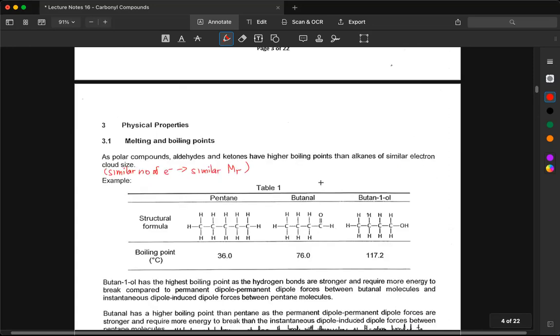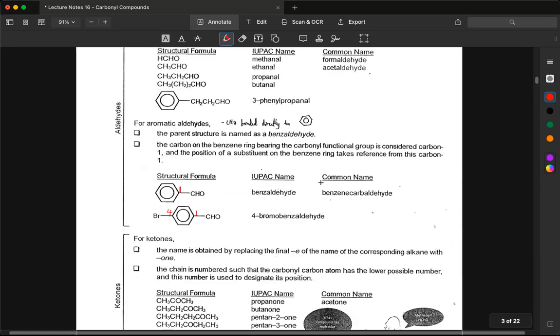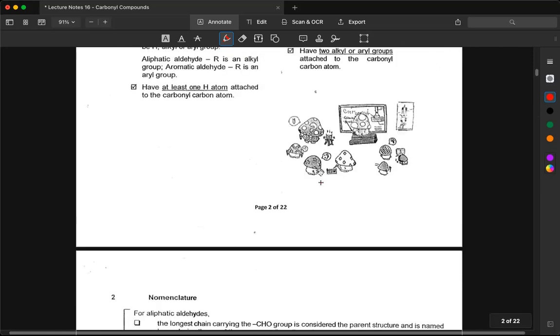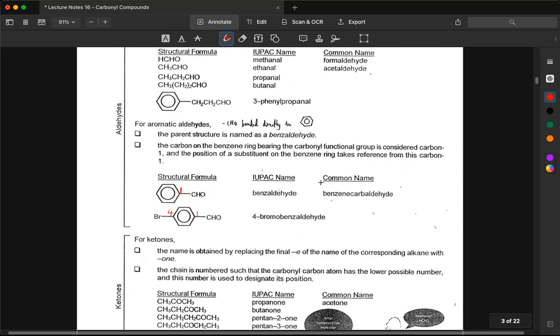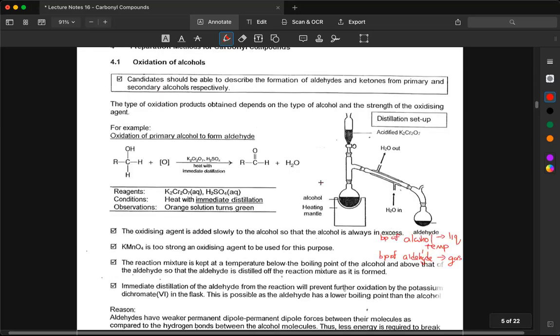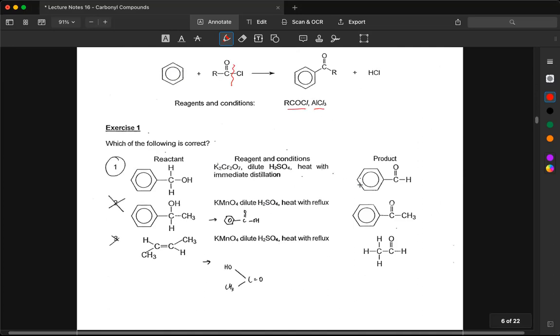It's called aldehyde. I read it wrongly, sorry. Because you have an H here, so it's an aldehyde.